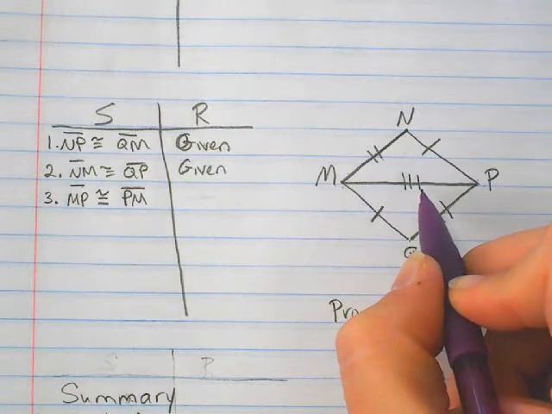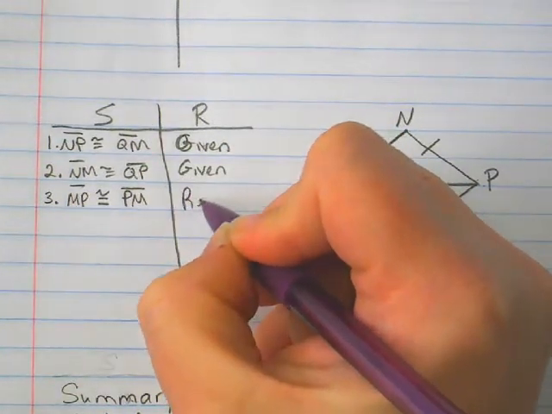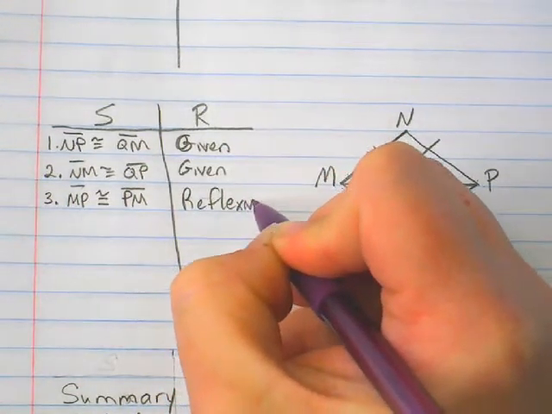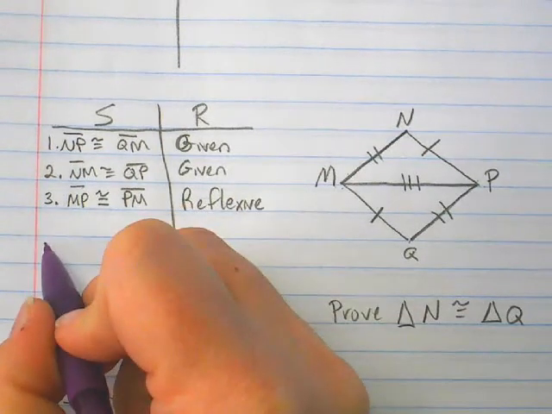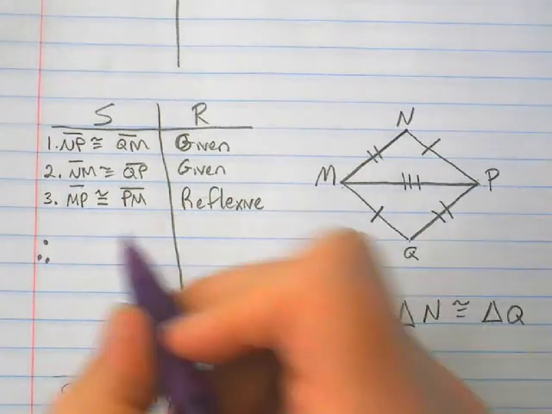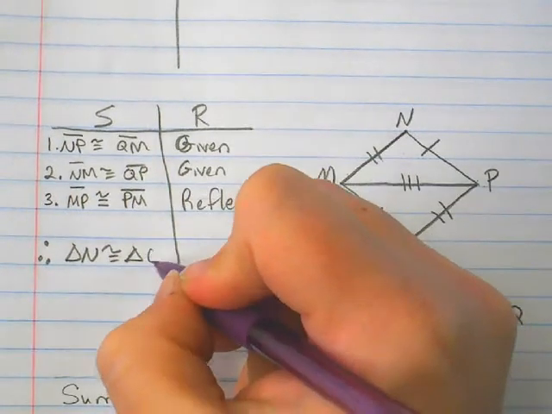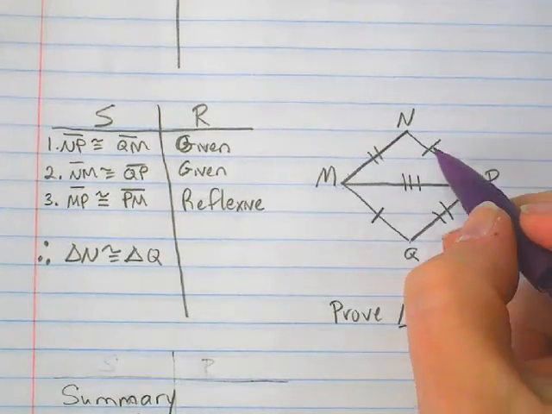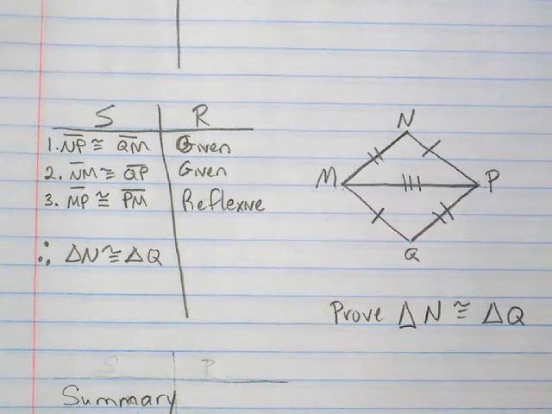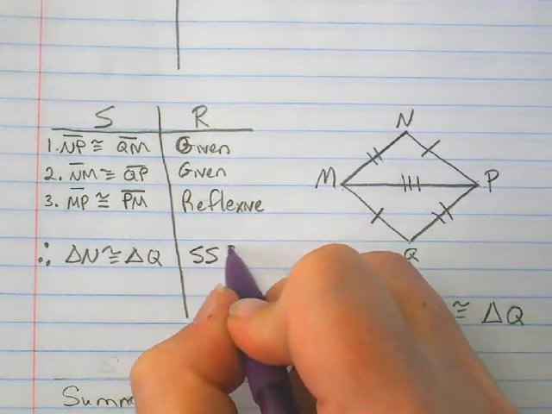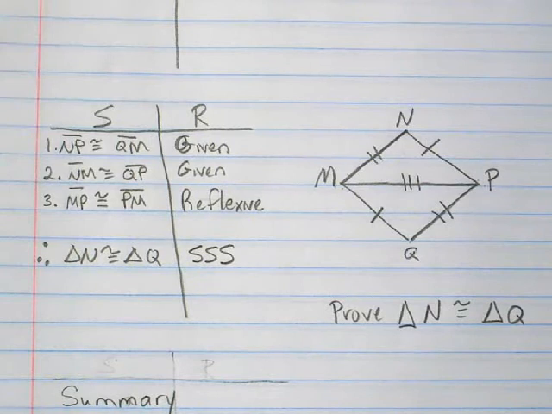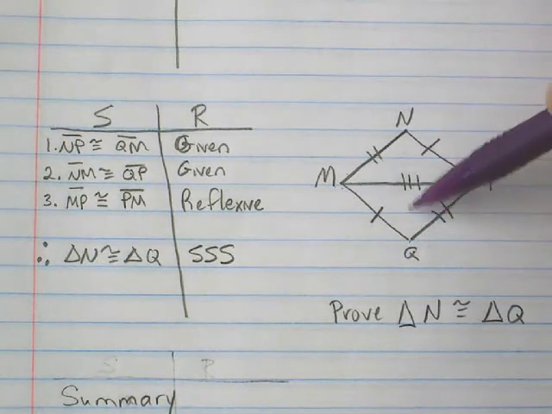I had to mark that in, and it is the reflexive property. Finally, I say these two triangles are definitely congruent because of side, side, side.